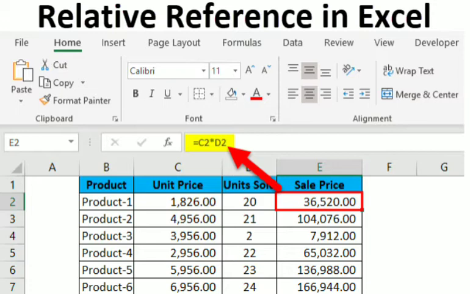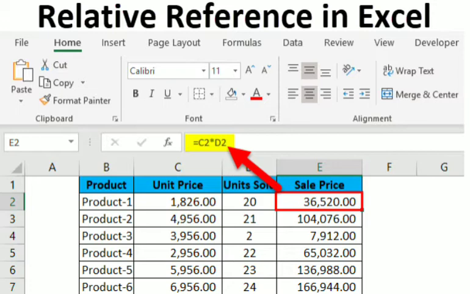We are going to find out the sale price of product 1. For that, we need to multiply the unit price of product 1 by units sold.